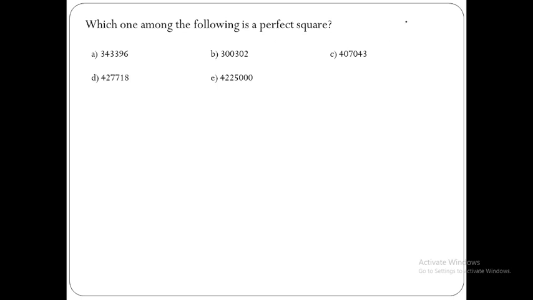Let's check with the unit digit of a square number. A perfect square means a square number, we know.